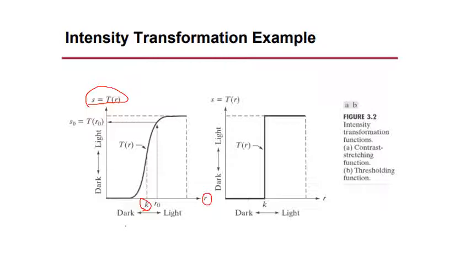So in this technique known as contrast stretching, the values of r lower than k reduce the values of s towards black. The opposite we are going to apply for values of r higher than k.